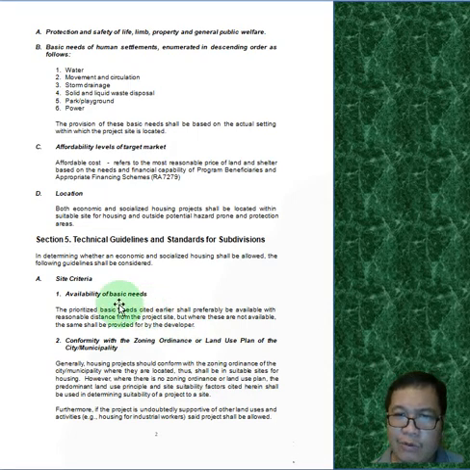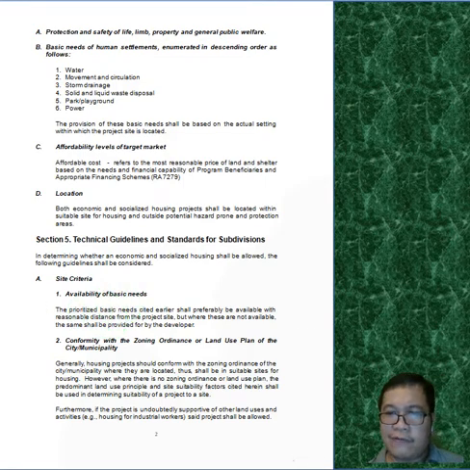So one more basic need is the location of your BP 220 or socialized housing. It should be in a place that's near their source of income. You don't want to make a subdivision that is too far away, wherein the people will have to spend a lot of money on transportation going to work.